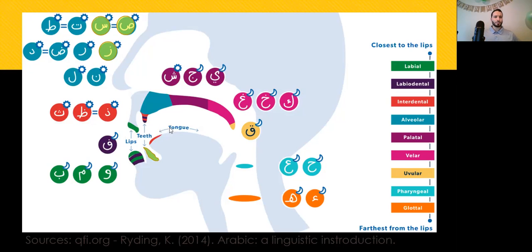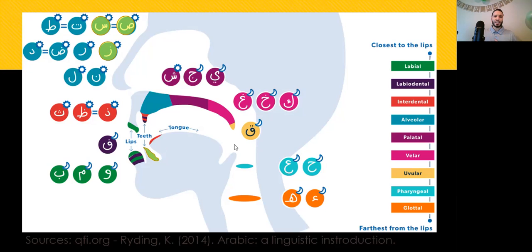The sa, the air comes from here and hits this area, but your tongue is in here. Really, it stays right in front of this green area, but your upper and lower jaw are close to each other.